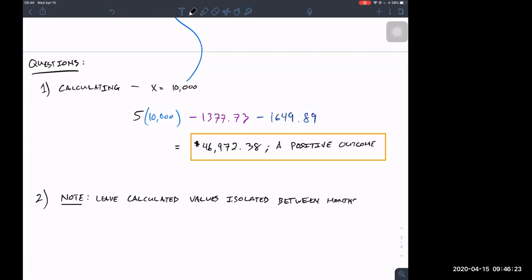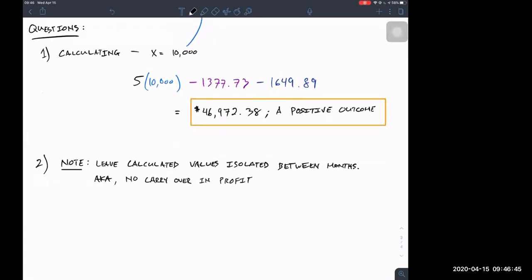In other words, AKA no carryover in profit. So I'm not saying that you lost this money. When you're focusing on question number 2, when I'm talking about supposedly in a second month, you don't want to add this to your model because then it just complicates things.